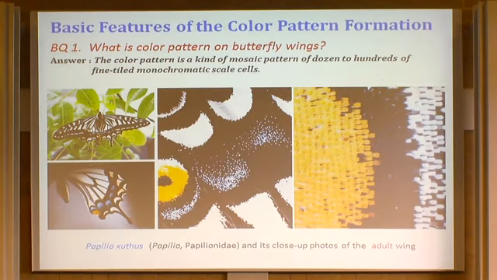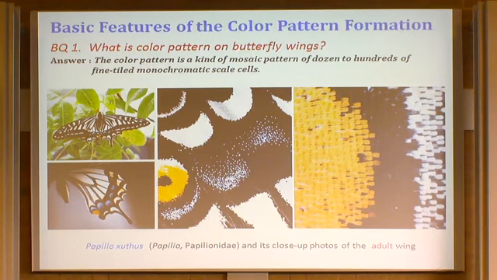Before going into our model, I would like to talk about some basic features of color pattern formation. The first question is, what is color pattern on a butterfly wing?